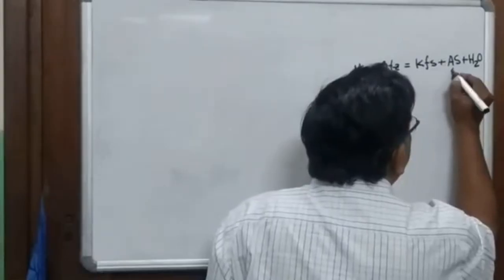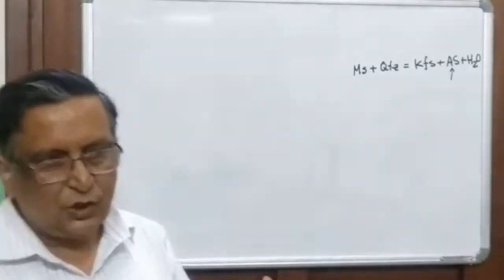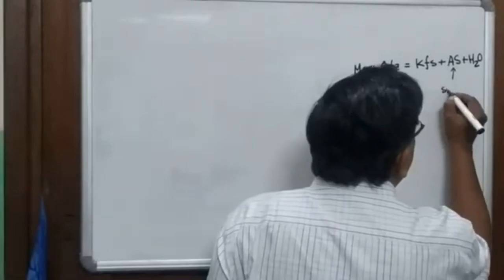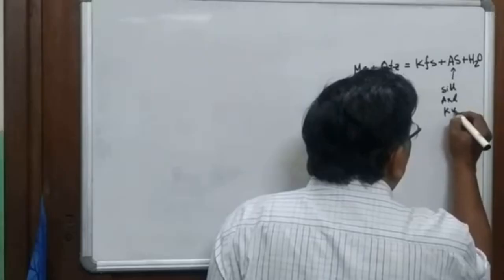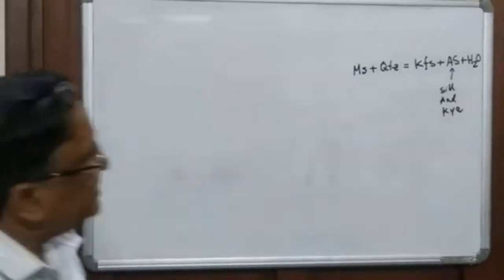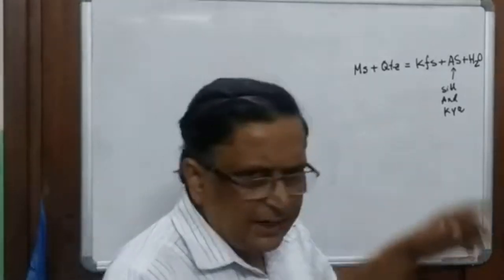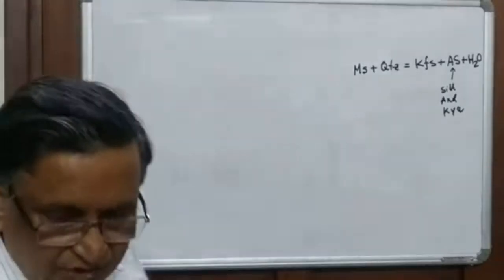This term might be unfamiliar. It's not a mineral, it's called aluminosilicates, AS. So it could be sillimanite, andalusite, or kyanite. And so it's time possibly to start writing equations, reactions, a little bit.